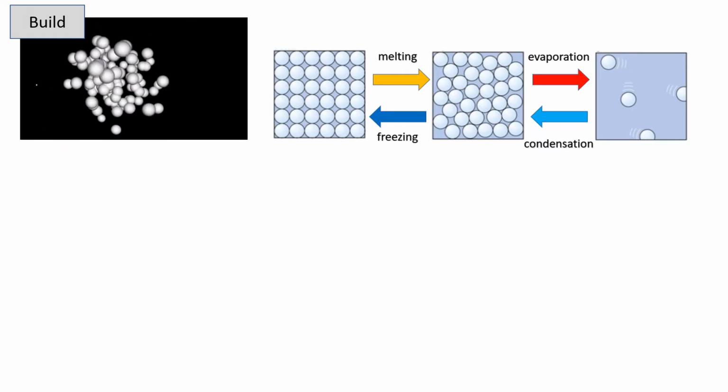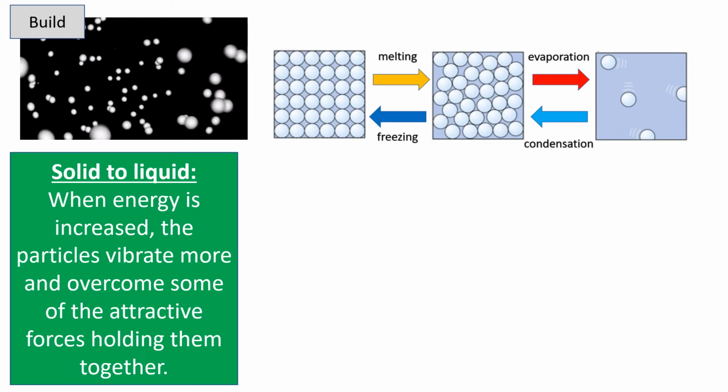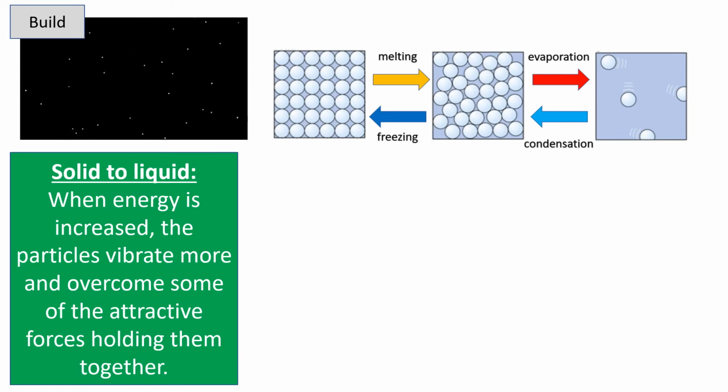So you need to understand what's actually happening when things are changing states. Why does it behave differently? What's actually happening here? Well, if we consider melting, so a solid to a liquid, so we're increasing thermal energy, so the particles that were already vibrating begin to vibrate more. And this allows them to overcome some of the attractive forces that holds those particles together, and it becomes a liquid.